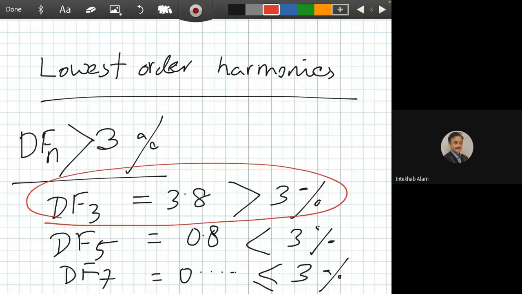So we can consider the total harmonic distortion and the total distortion factor. Do you understand? Is it okay with you? Yes, sir.